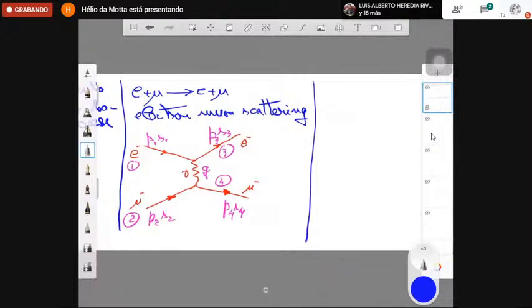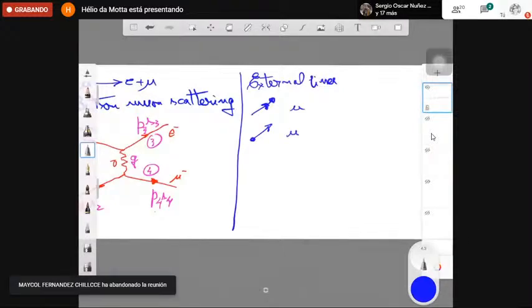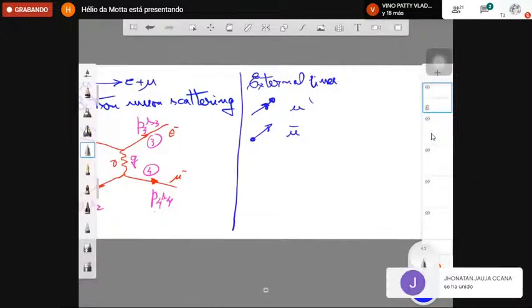For the external lines, something that is approaching, getting into the vertex will be U. And something that's leaving the vertex is going to be U bar. Okay? This is for the particle.